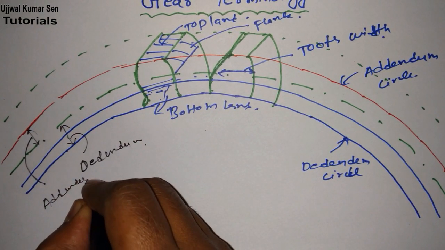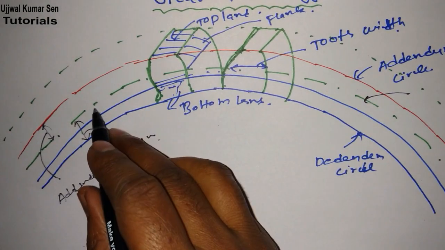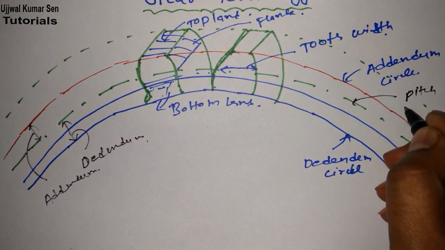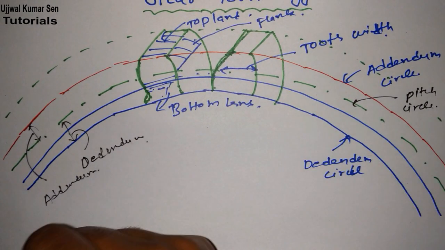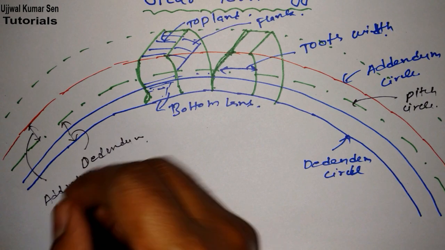This dash line or center line is known as the pitch circle. Pitch circle, remember that, because pitch circle is also important in gear terminology, that's why I'm sharing it with you.